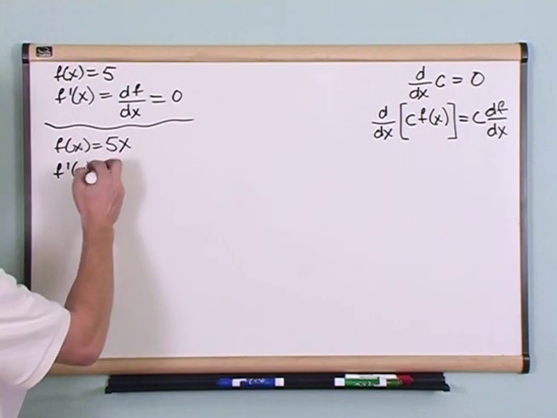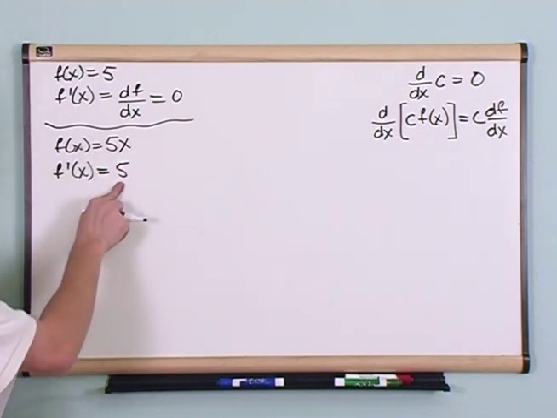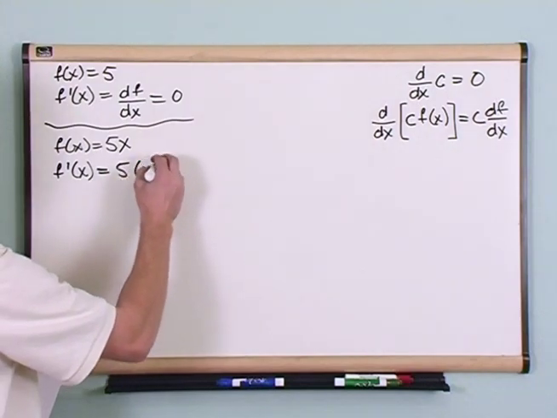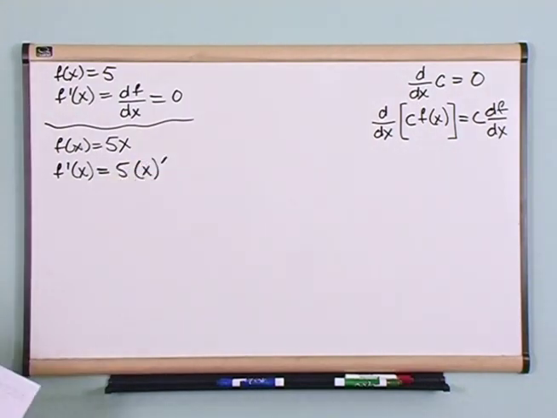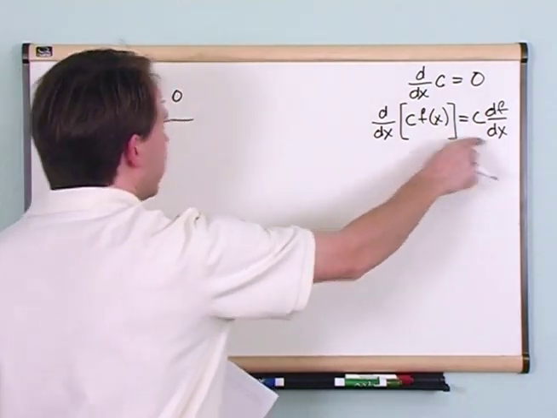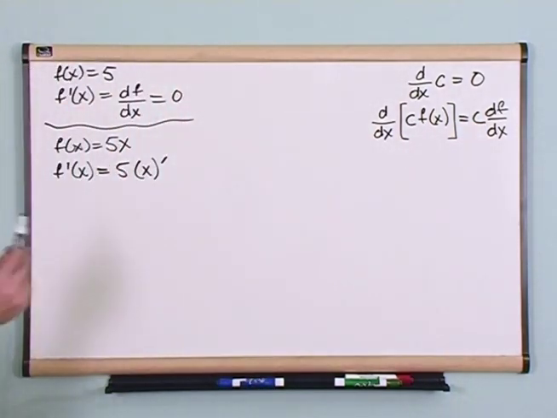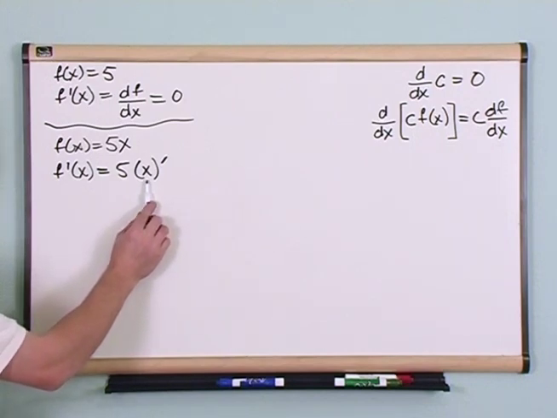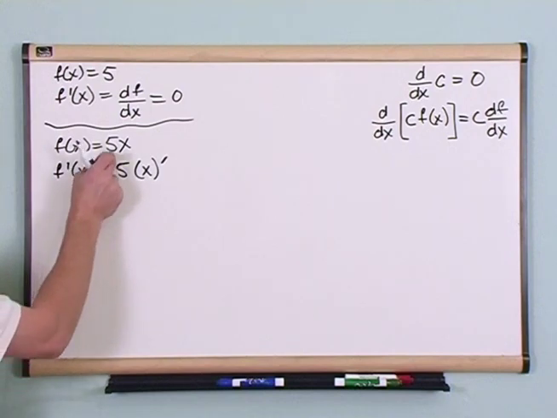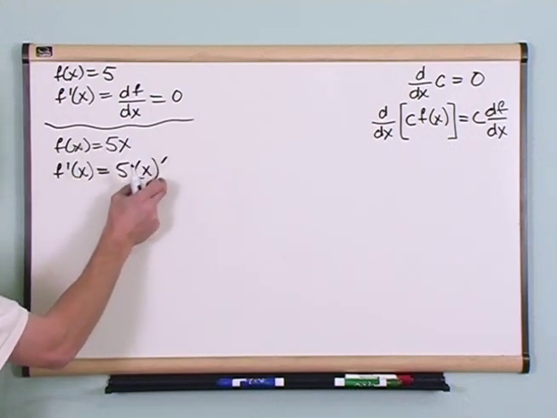So I can pull out the number, and then what's left over will be the derivative of x. So I pull out the number, and then I take the derivative here, and then this is the answer. Now, I have not told you how to take the derivative of this yet, so I'm not going to give you the final answer, okay? But in the end, you pull the number out, and whatever's left over, you take the derivative.